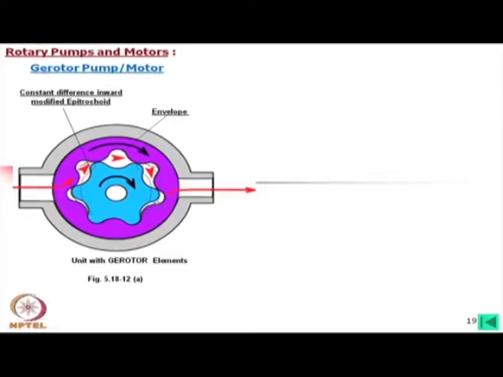Now, one thing: if we look at this profile, these profiles are epitrochoid, whereas this outer member is the envelope of this modified epitrochoid, and at the active zone these are circular arcs. Active zone, because it is not contacting at all the points.